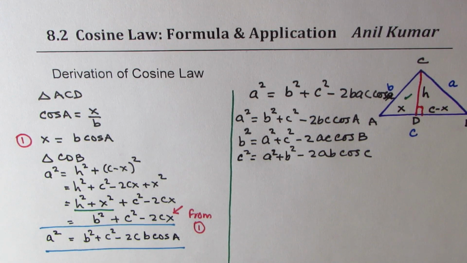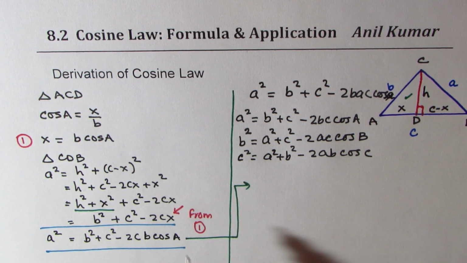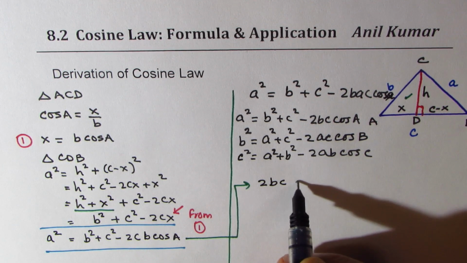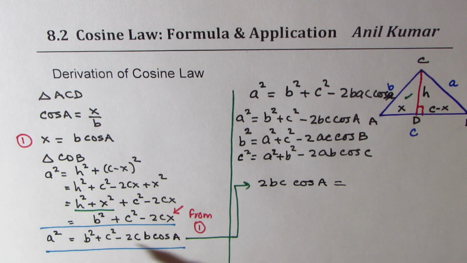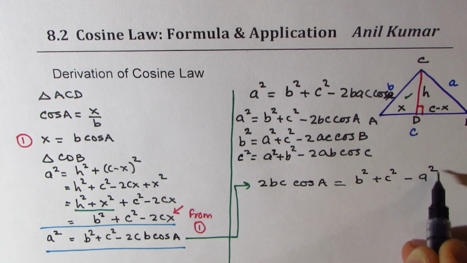Now it is important to note that we can rearrange this and also find the angle if we know the sides. So to rearrange, I'll bring 2bc cos A to the left side. So we could write 2bc cos A equals b square plus c square minus a square.